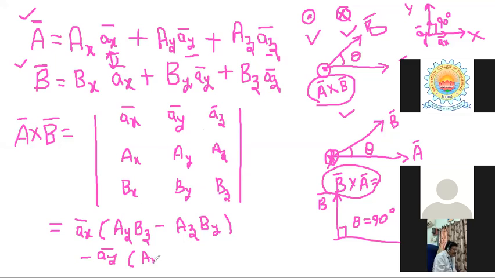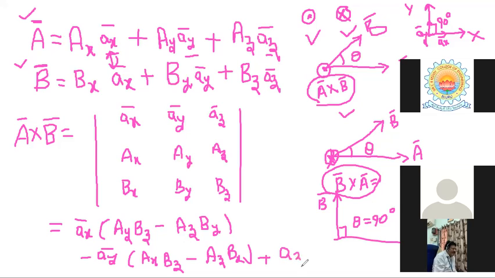So this is Ax into Bz minus Az into Bx. Remember I have taken minus at the start: minus Ay bar into Ax Bz minus Bx Az. Some people take it positive, and that is different.